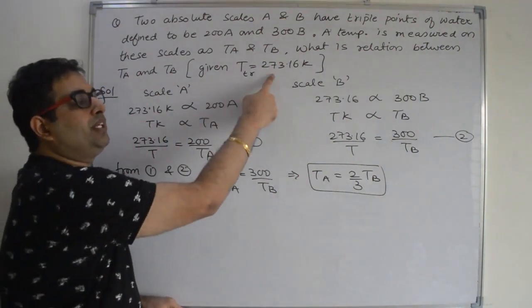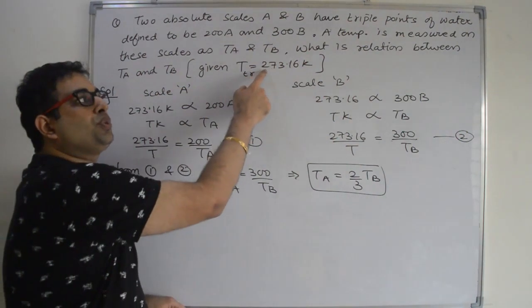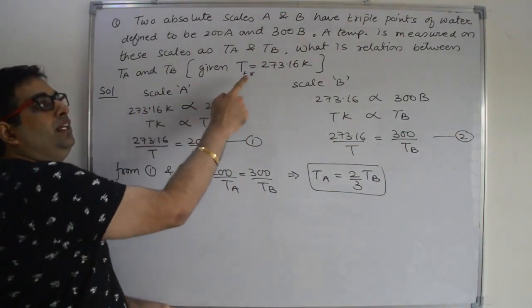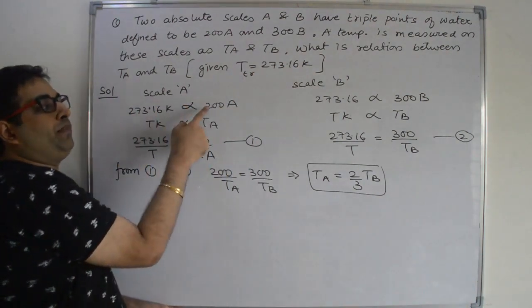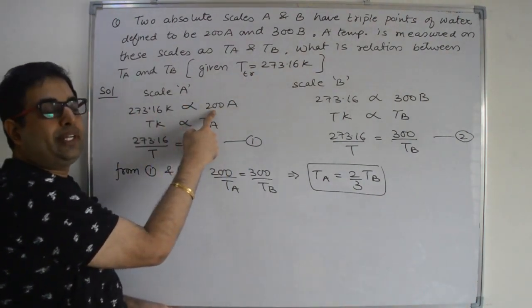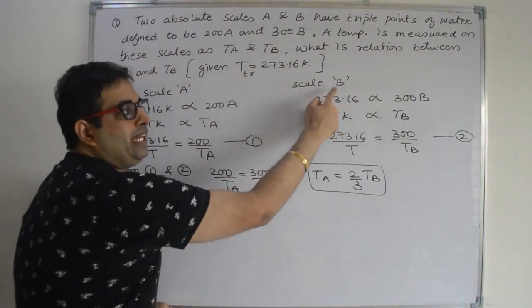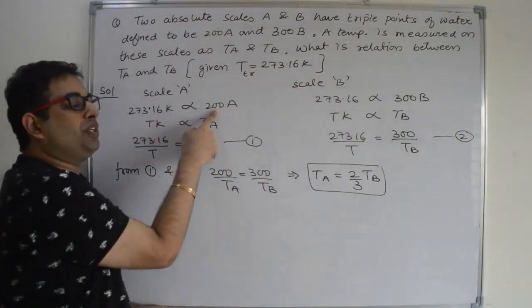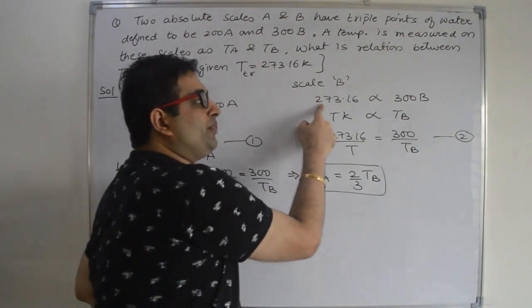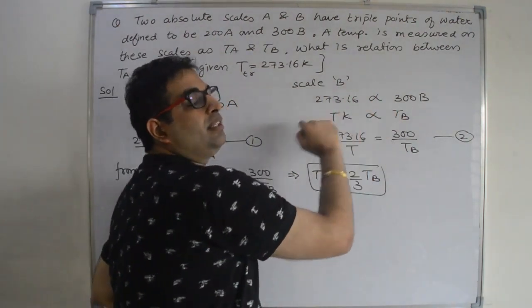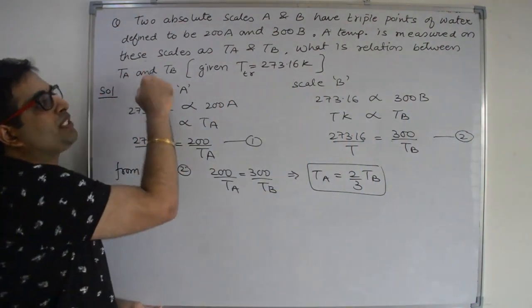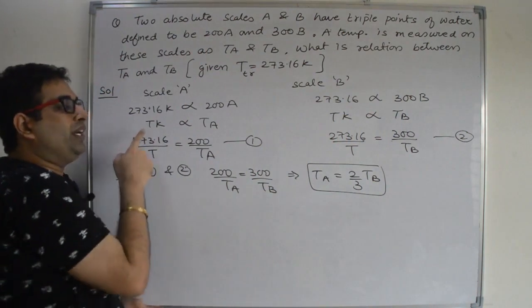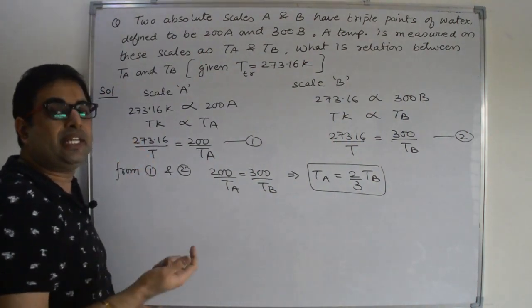Triple point temperature is given in the question, 273.16 Kelvin. This temperature is shown by scale A as 200 and by scale B as 300. So 273.16 is proportional to 200A, and 273.16 is proportional to 300B. Now some temperature is measured as TA and TB. Let us suppose that temperature is T Kelvin.